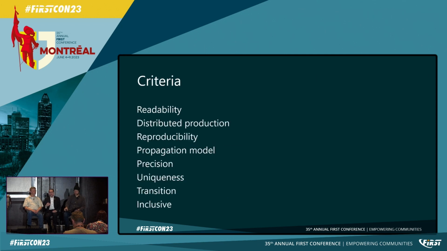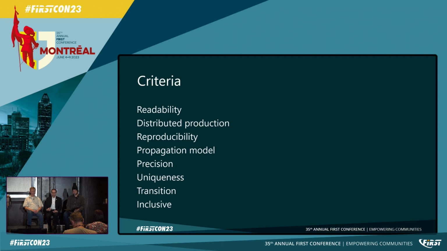So if we think about criteria for a unique naming scheme, I've listed some of them that we should have in mind. The first design criterion is, should a human be able to read that? The second one is, how do we deal with distributed production? If I create something and he creates something, is that the same thing?